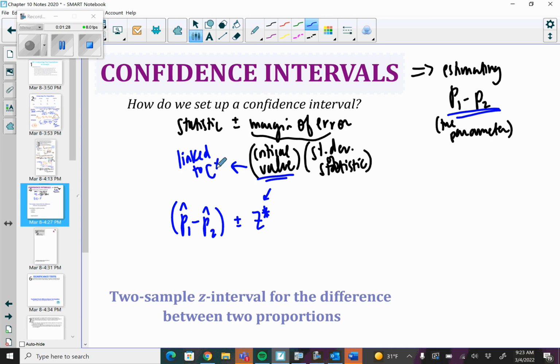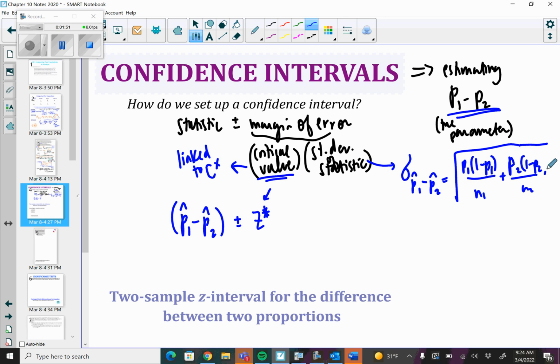And then the standard deviation of our statistic, sigma sub P hat 1 minus P hat 2, we just talked about that, was the square root of P1 times 1 minus P1 all over N1 plus P2 times 1 minus P2 all over N2.